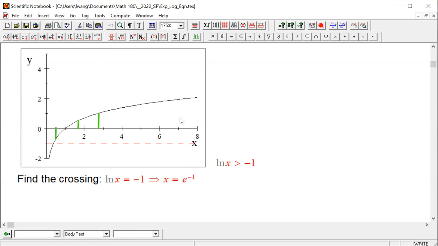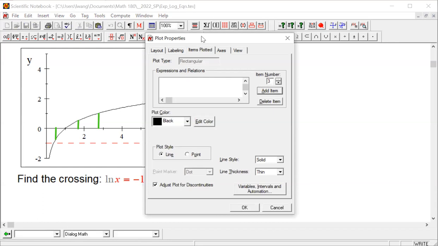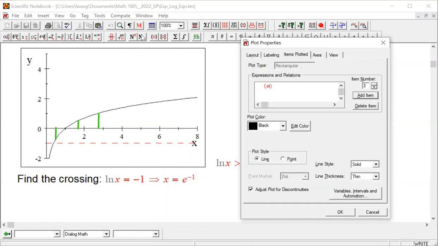So we find the crossing, and that crossing is e to the power negative 1, and the output is negative 1. So we put a little circle there.